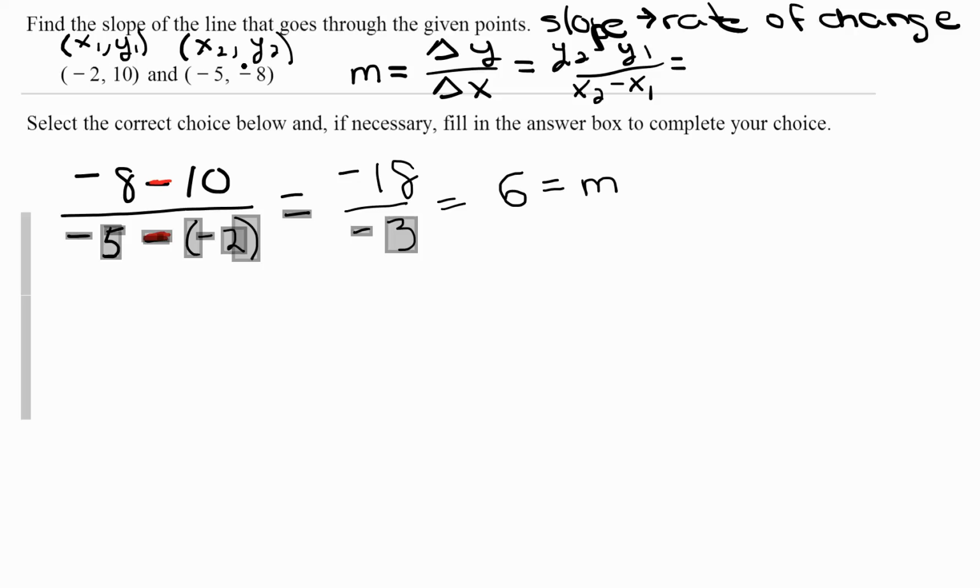The only thing you have to make sure is that if you name this point, -2, 10, point 1, both of these are 1s. This can't be x1, y2. They both have to represent the same point. But if you did the subtraction in the opposite direction, you would see that we would still come out with a slope of 6.